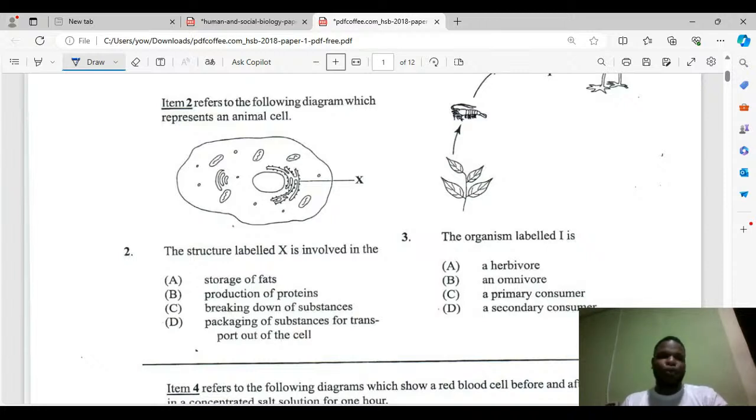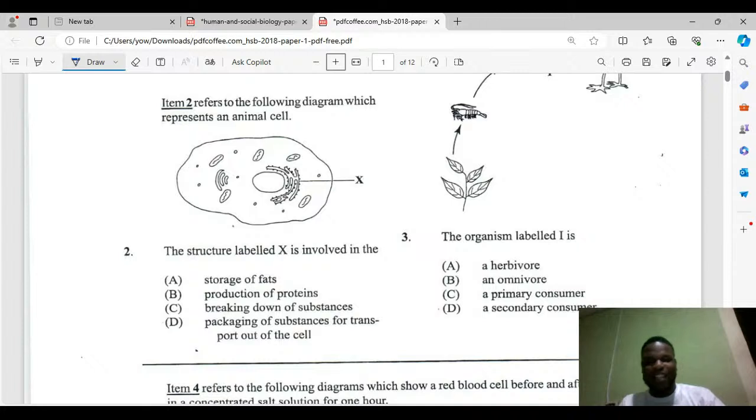So what is X? What substance is X? What is the structure? What's the organelle?